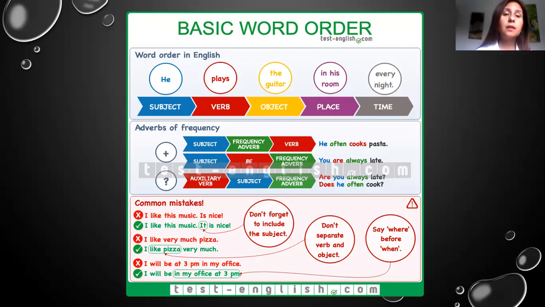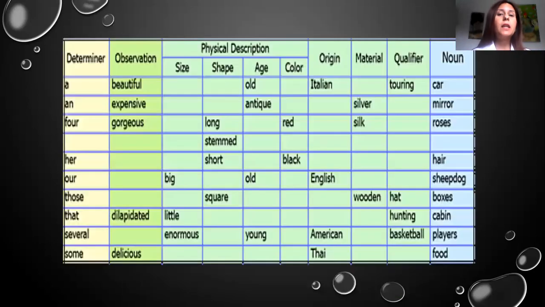Remember that the phrase could be a verb phrase, where the core is the verb. Also, there could be a noun phrase where the core, the most important word, is the noun. And there is the adjective phrase, where you can have the adjective as the most important word, and then the adverb. Okay.